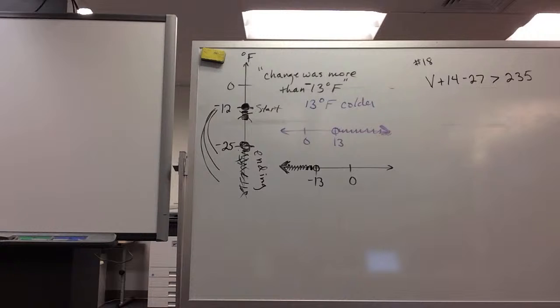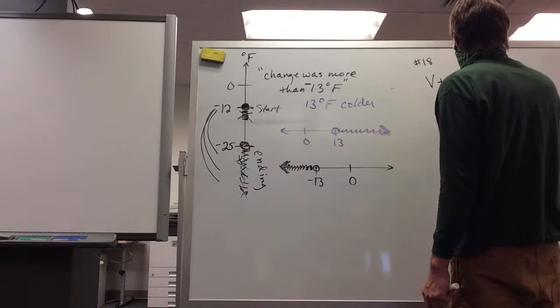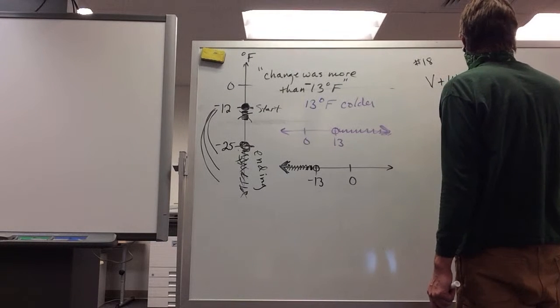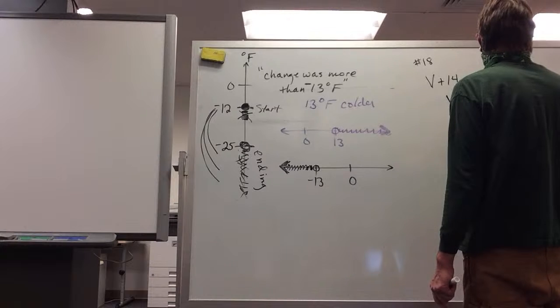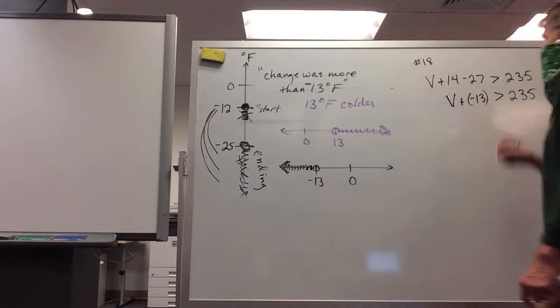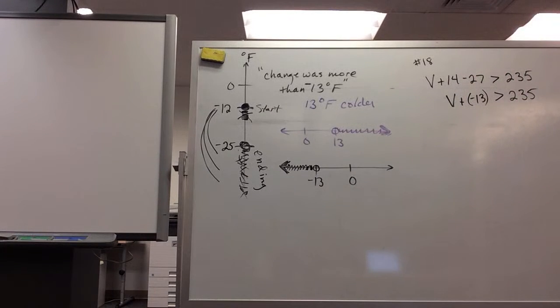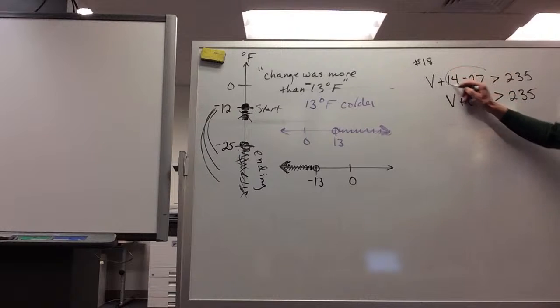Wouldn't it be like v plus -13 and then you like add 13 to each one? So Phoenix says this. Yes? Put those two together to make them -13.